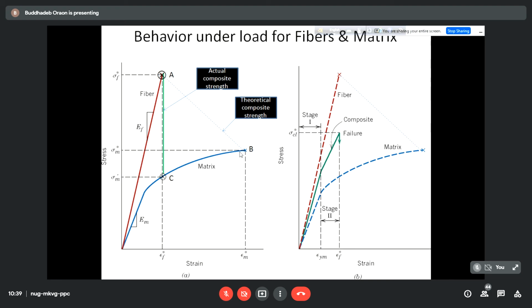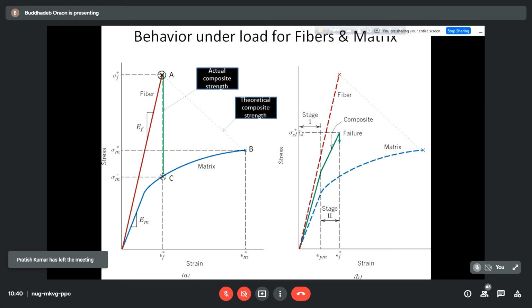But the point is that this will not be the practical or actual load bearing capacity of the composite. This is a very, very important point to be noted. What will be the load bearing capacity of the composite is this point. So we are not taking the composite strength on this line AB, but our design actual strength of the composite will be at this point.